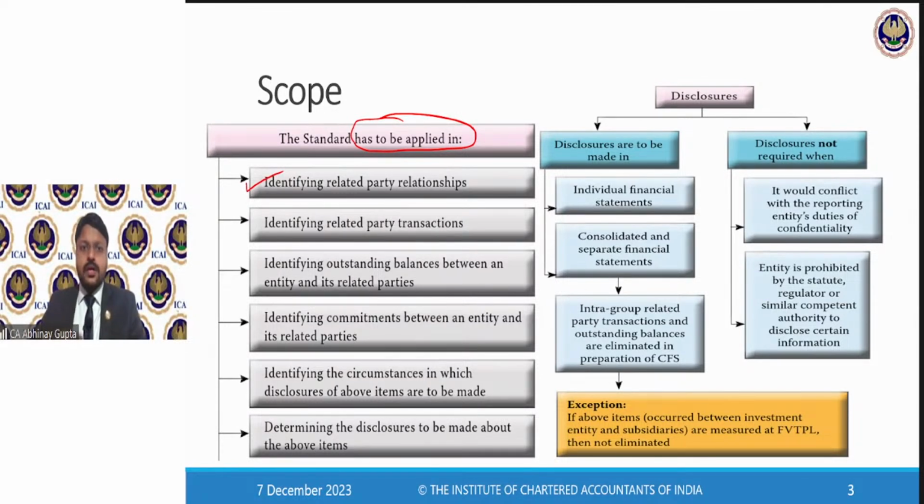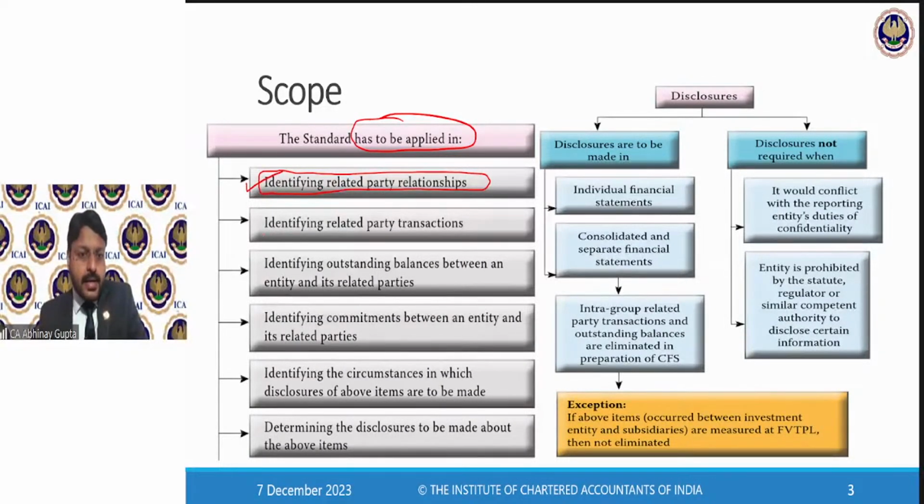That is the entity for which we are preparing the financial statements, which will be called the reporting entity. And if there are any transactions with those related parties during the year, then all those transactions will be required to be disclosed as per this standard. So the first step is identification of the related party, which parties are my related parties, right?